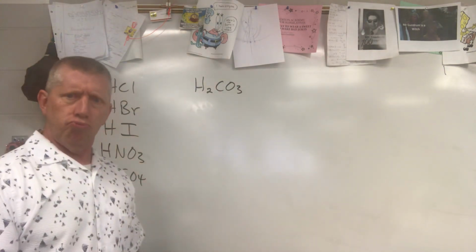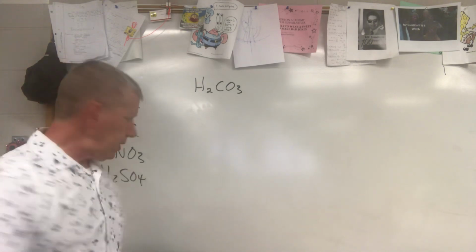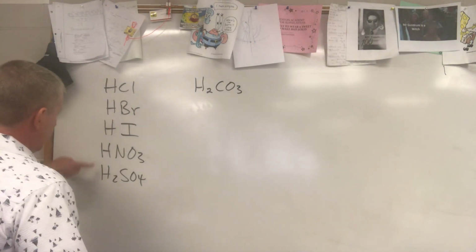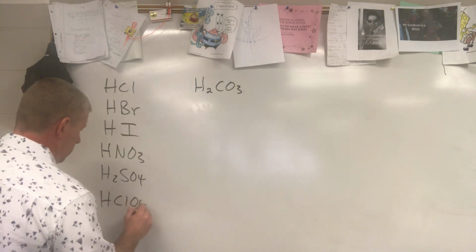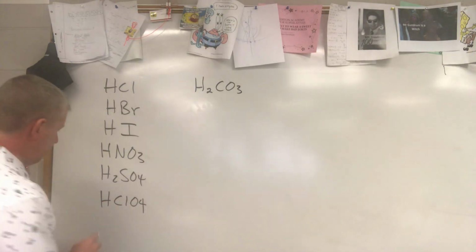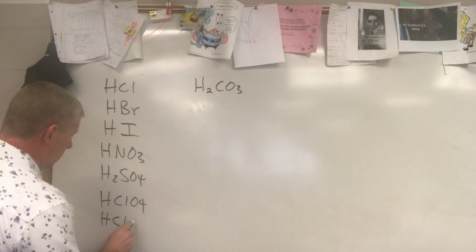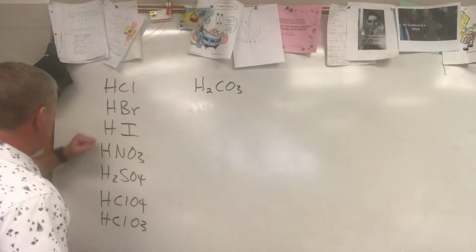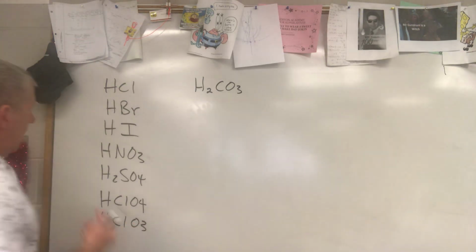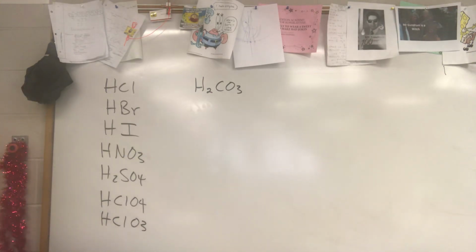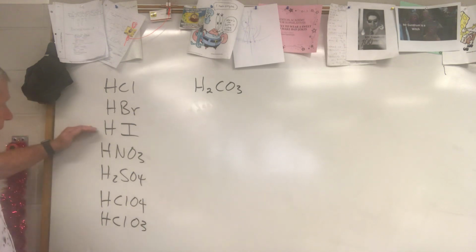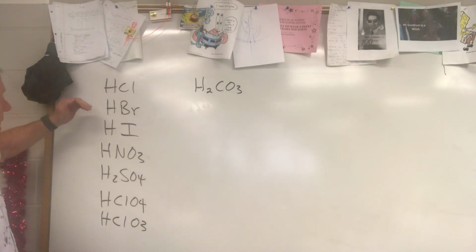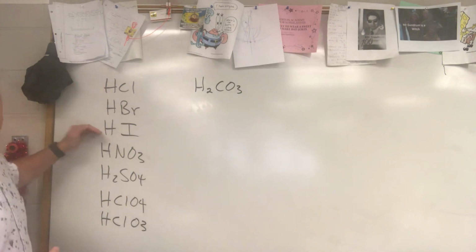HClO4 and HClO3. Chloric acid and perchloric acid, sulfuric acid, nitric acid. This is hydrochloric, hydrobromic, and hydroiodic.